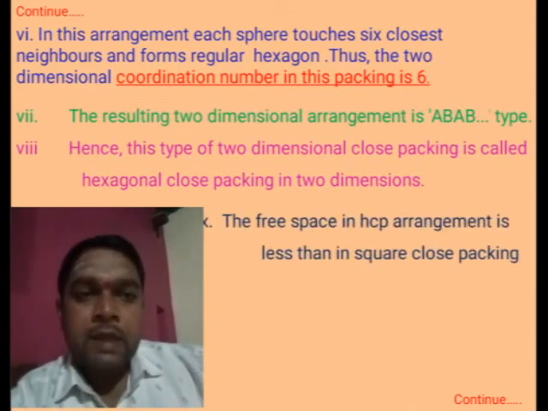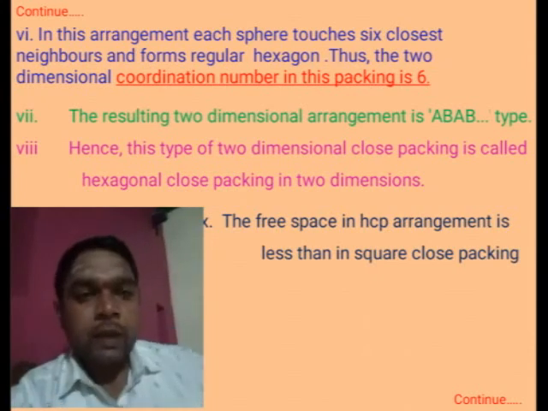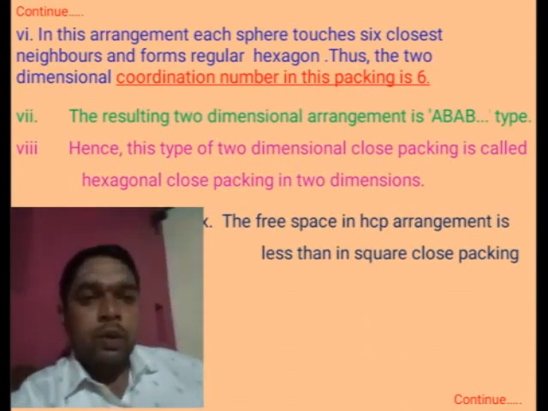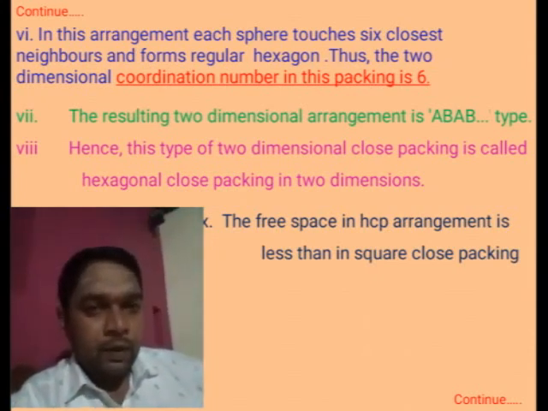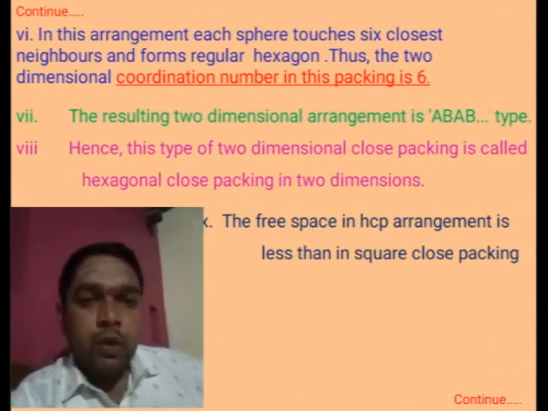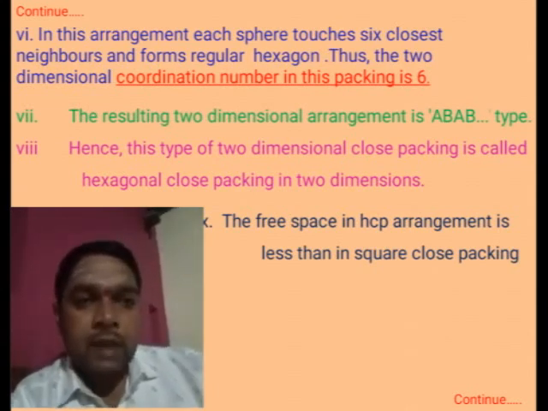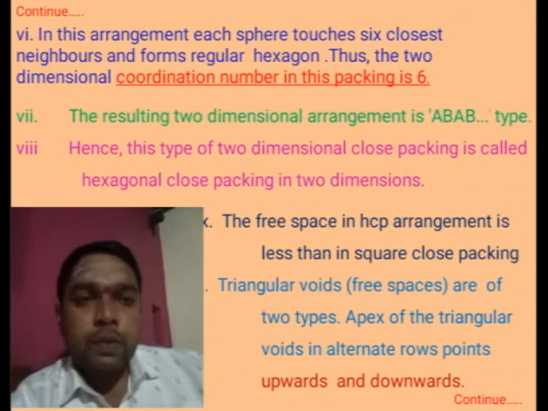The free space in the HCP arrangement is less as compared to square close packing. That is, square close packing leaves a larger space as compared to hexagonal close packing.